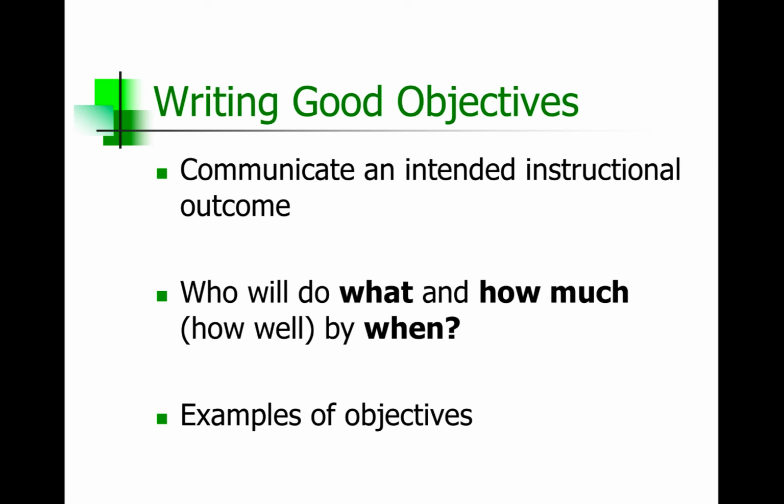How measurable do they need to be? Do they need to be 100% accurate, or is 75% accurate enough within your goal? And then by when? Should they learn it by the end of your instructional program, or in the next week will they be able to do something? So who will do what, how much, and by when? And then we'll give examples in class.